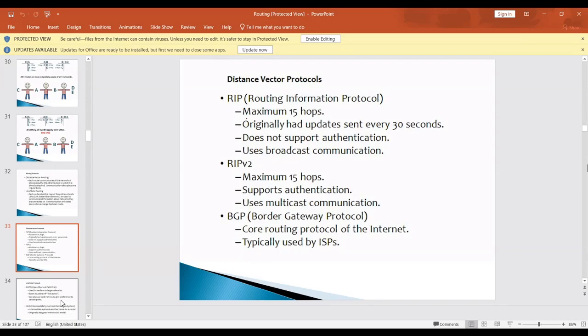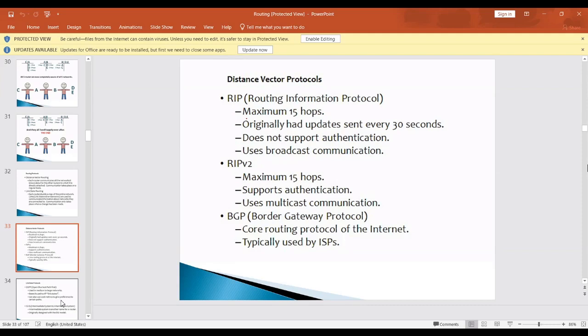And RIP version 2 also has these common features, like keeping only 15 hops in mind, but it supports authentication, not like RIP version 1, and uses multicast communication. Now it is better than broadcast communication because it only communicates with a specific number of nodes, which is predetermined, not with everybody, right?